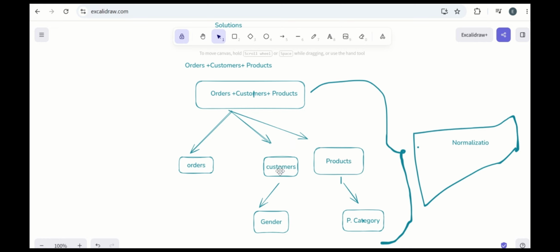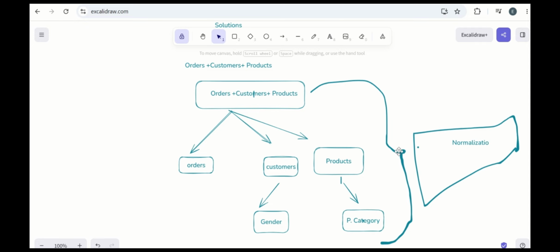And then if we see data redundancy in these smaller tables like customer and products, we can further break them into other smaller tables. For example, for customer, we can further divide it into a gender table, and likewise for products, we can divide it into a product category table.